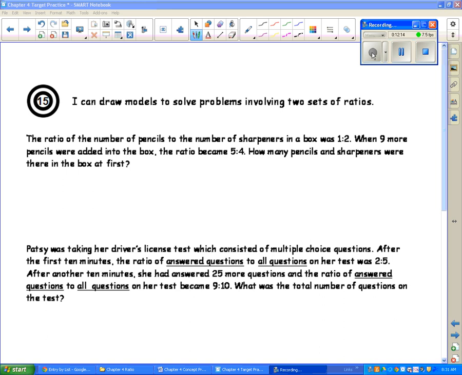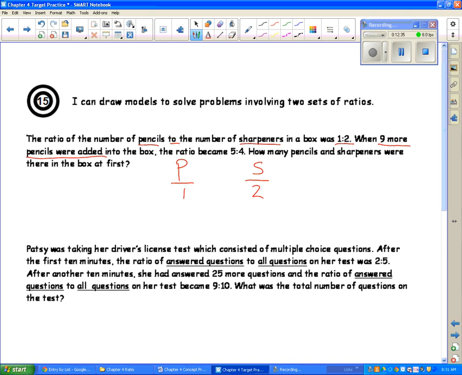Our problem here is that the ratio of the number of pencils to the number of sharpeners in a box was 1 to 2. So I'm going to label this pencils, sharpeners, and my ratio was 1 to 2. Then it says 9 more pencils were added.